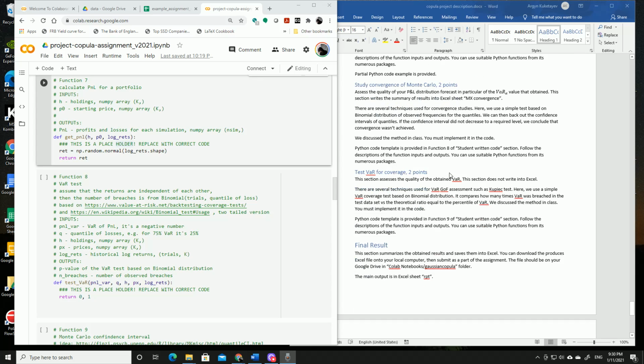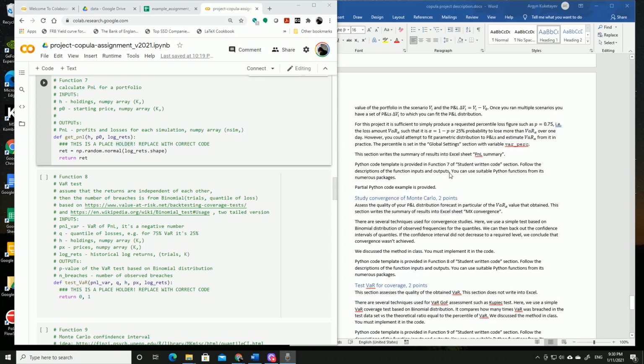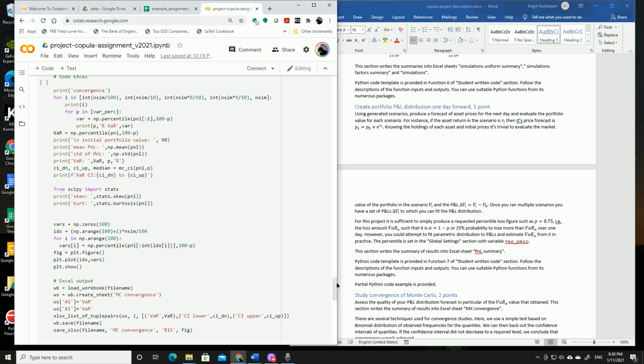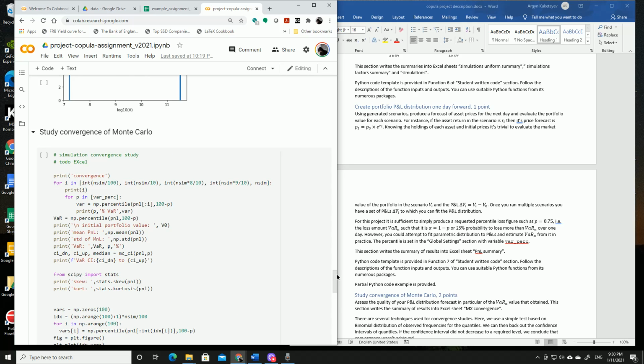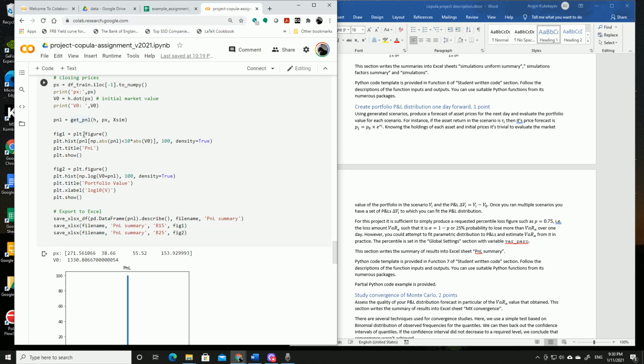Once you got the P&L, you pretty much are done in terms of the value at risk, right? Because value at risk is nothing more than a quantile. So let's see where we are. Once we got the P&L here, we call this function number 7, which we implemented.